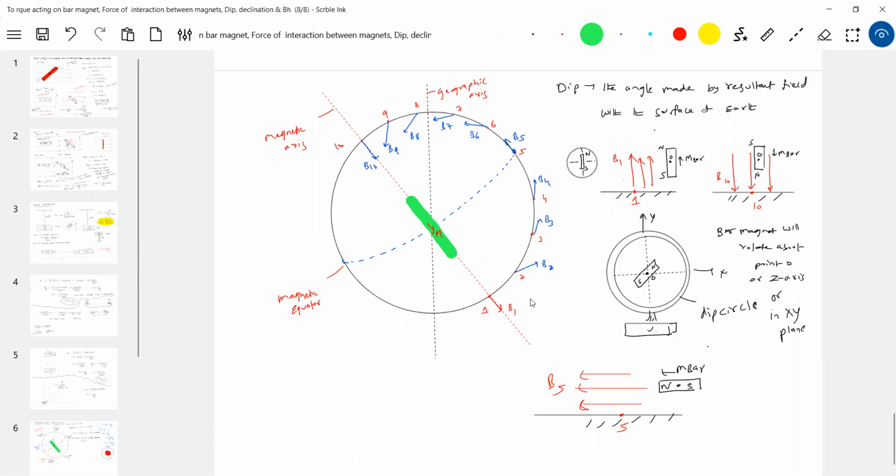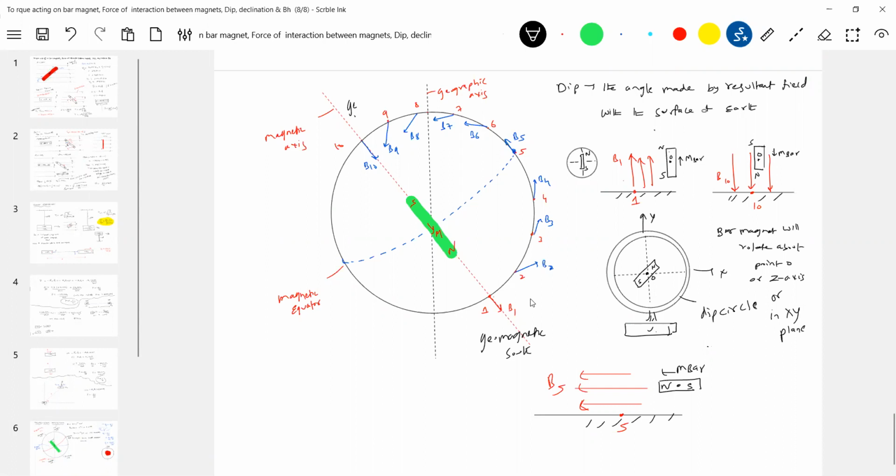Okay, now once again, what is this? This is called a north pole. Though it's the north pole of the bar magnet, I'll still call this geomagnetic south. Wrong convention, it is a wrong convention. And what about this?